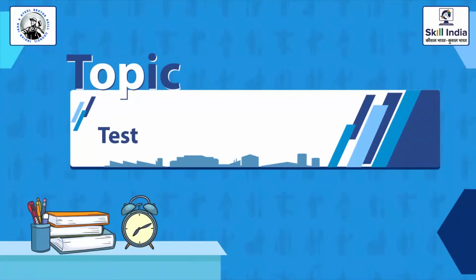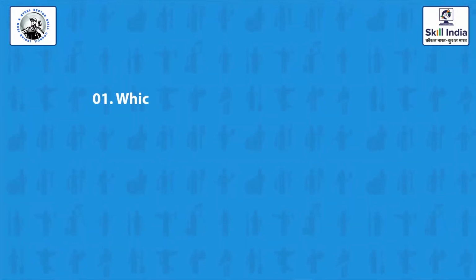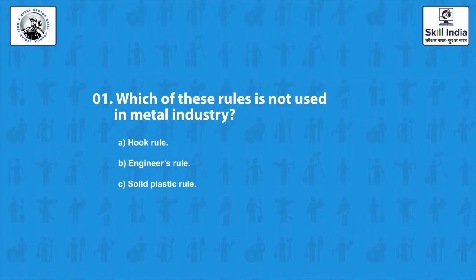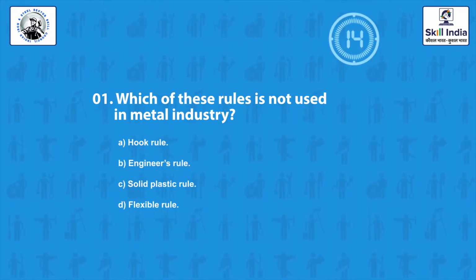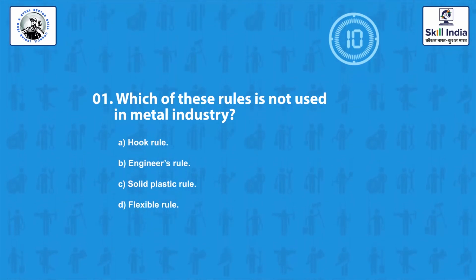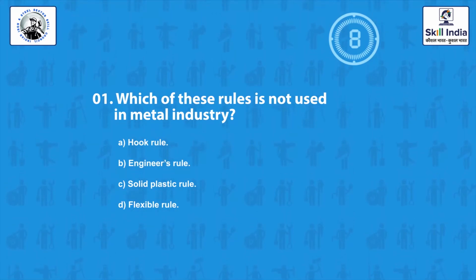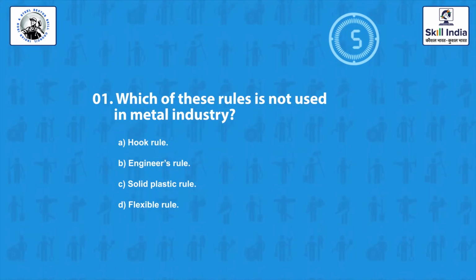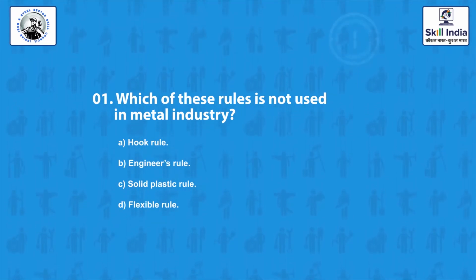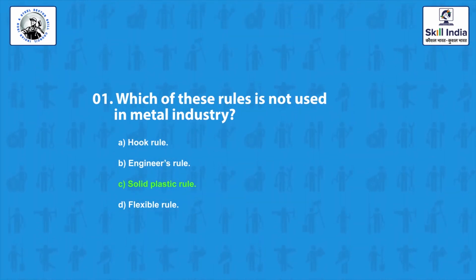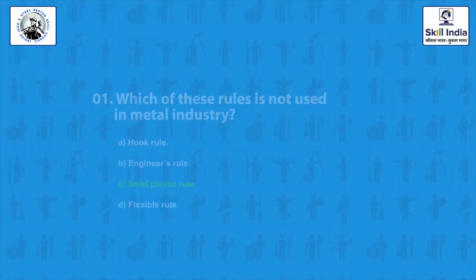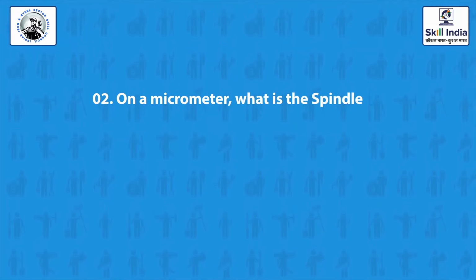Now let us check your understanding with the help of a small test. Question 1. Which of these rules is not used in the metal industry? Correct answer is C. Question 2. On a micrometer, what is the spindle?